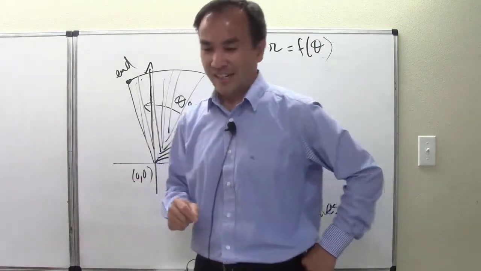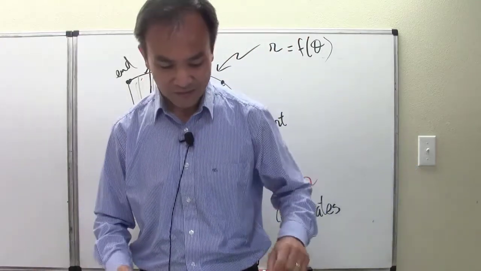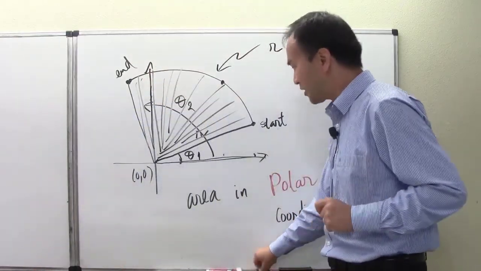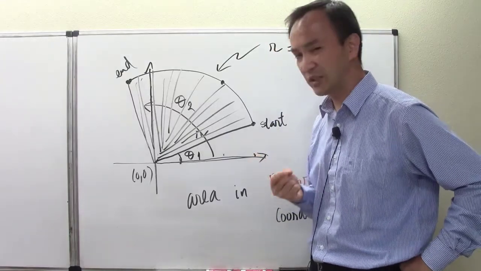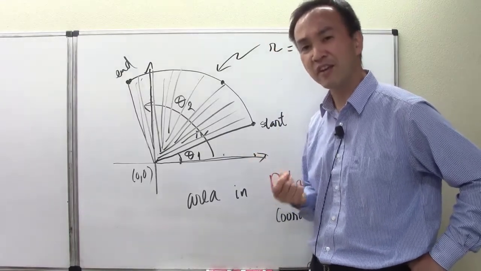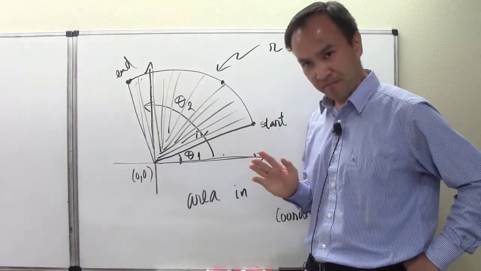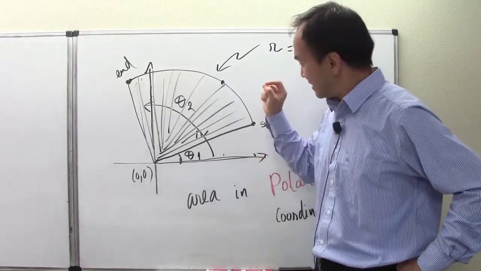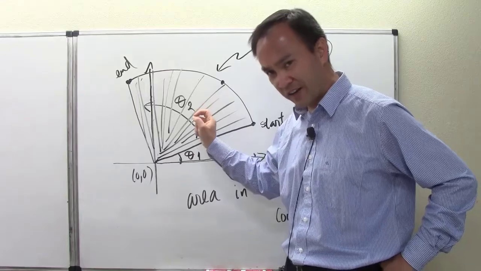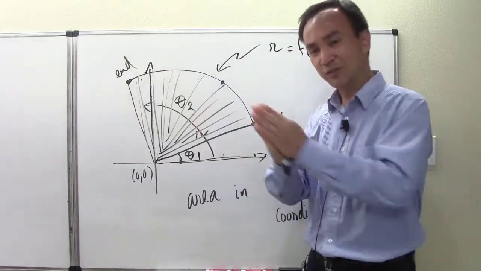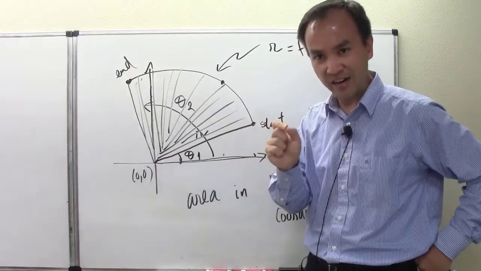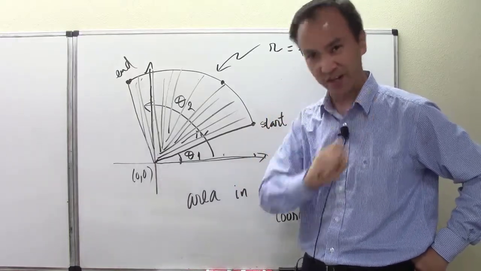All right, now let's get even further. At this point, how can I see the application of calculus in here? Anytime we're finding area, it doesn't matter if it's in rectangular coordinates or polar coordinates, finding an area is accumulation of little areas.